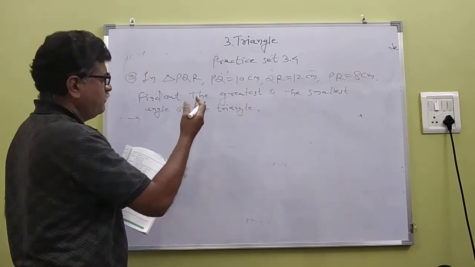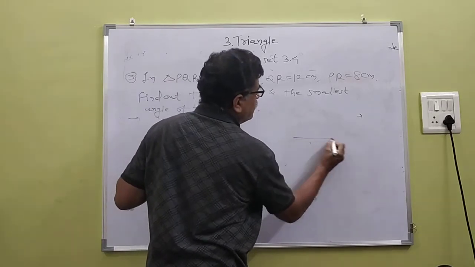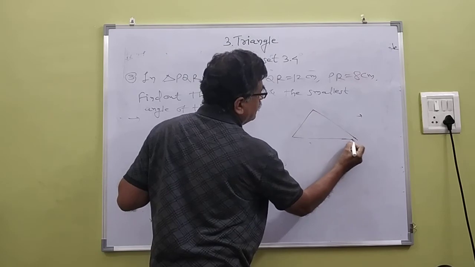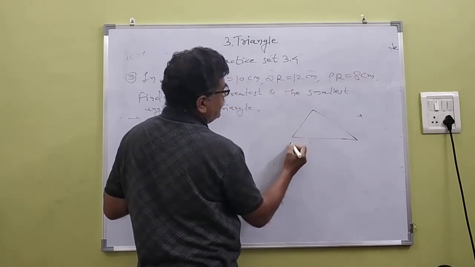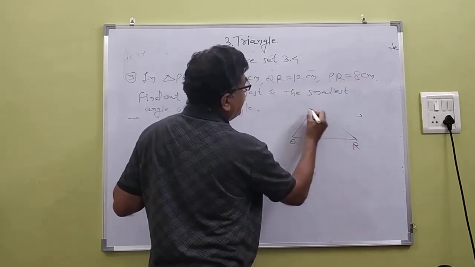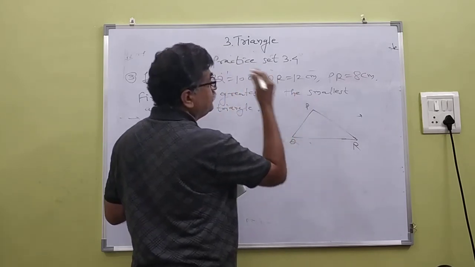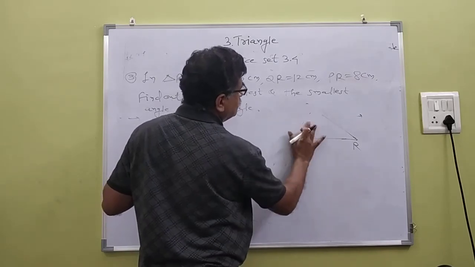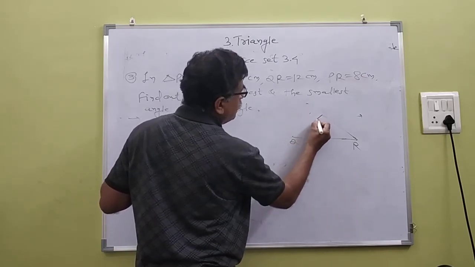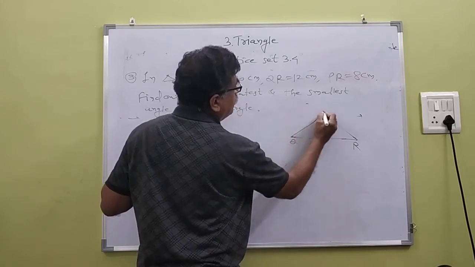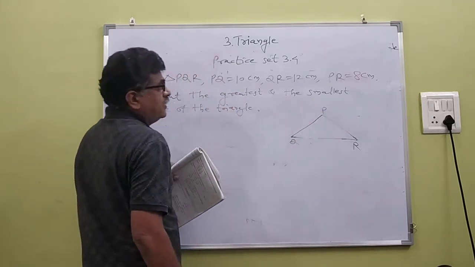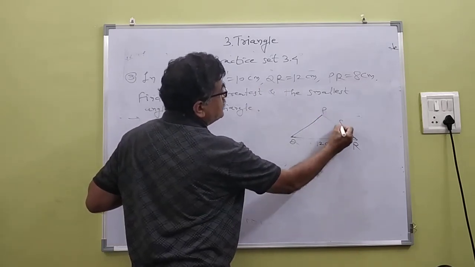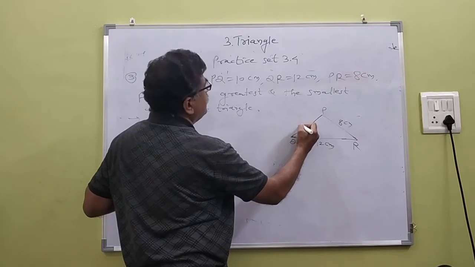Now from this given, first we draw the figure. Suppose this is the greater side QR and this point is P. Here R is smaller. Now here QR is equal to 12 centimeters, PR is 8 centimeters and PQ is 10 centimeters.